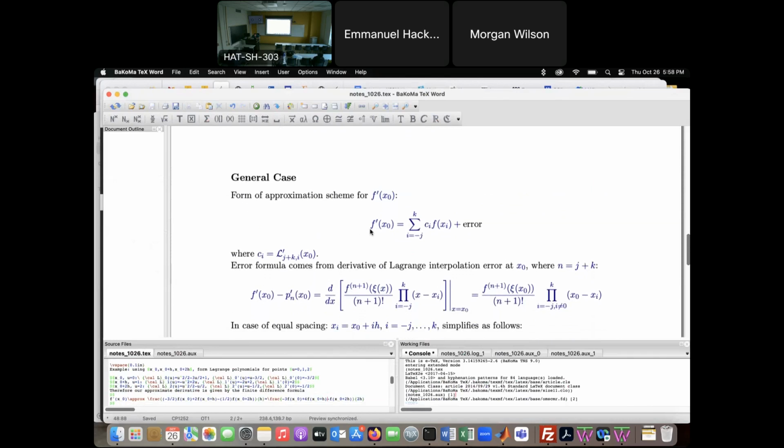Alright, so more generally, f prime is equal to the summation of these coefficients times the corresponding f values plus some error. And these are the coefficients.